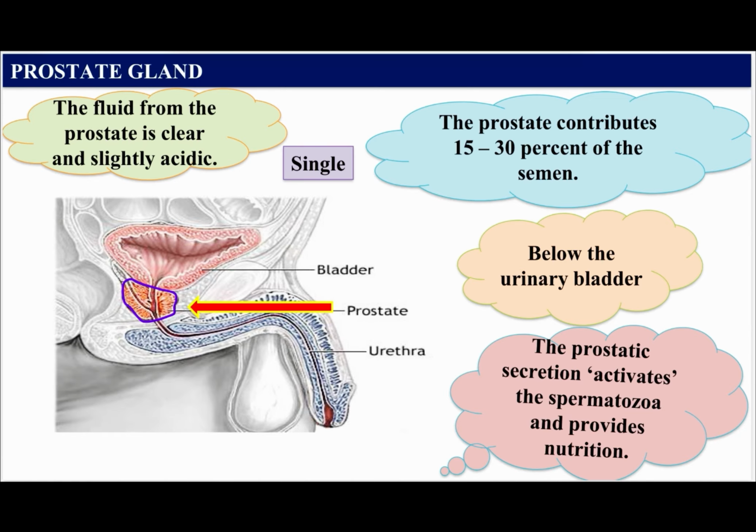Now, the prostate gland is a single gland. The seminal vesicle contributes 60% of the semen, and about 13 to 15% of the semen is produced by the prostate. The prostate gland is present below the urinary bladder, and its fluid is clear and slightly acidic in nature.